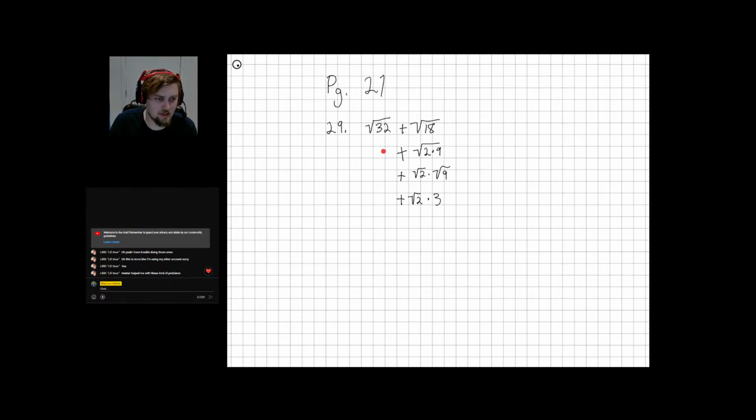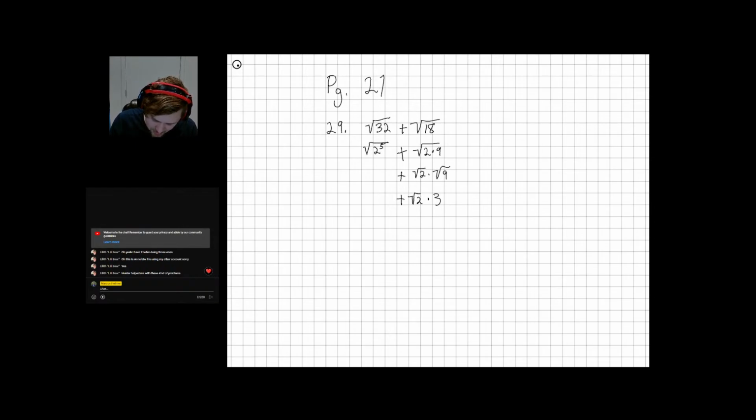And then over on the left-hand side, I can write this as a factor. I know 32 is divisible by 2, and I get 16. I can divide that by 2 again and get 8. So 32 ends up being 2 to the 5th power.